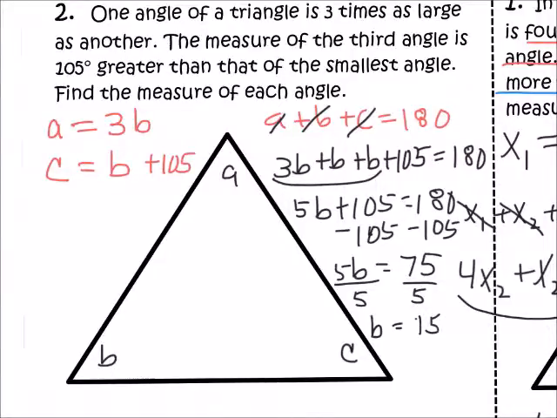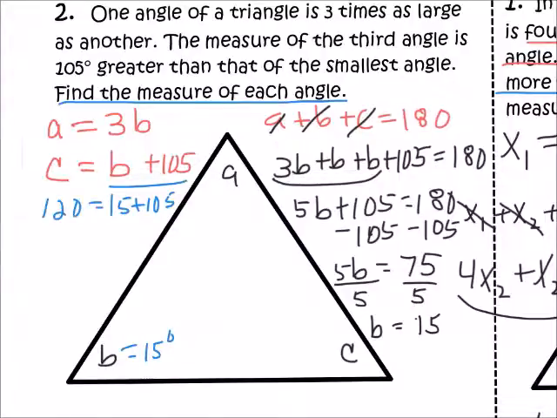All right, we have to check to see if we've answered the question. Let's go back to the question, and it says find the measure of each angle. So we only have one. B equals 15 degrees. If B equals 15 degrees, we can figure out that C is going to equal 120 degrees, because 15 plus 105 equals 120.